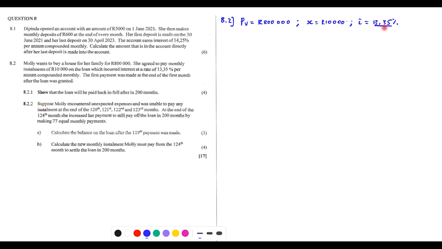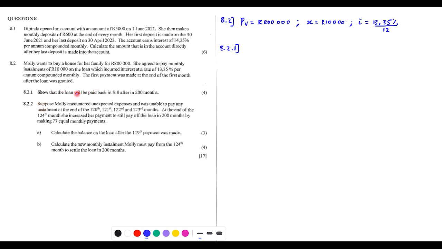Divide it by 12, which means it's compounded monthly. Everyone is happy here, right? And then Molly actually makes the payment a month after, so the bank is happy so far.